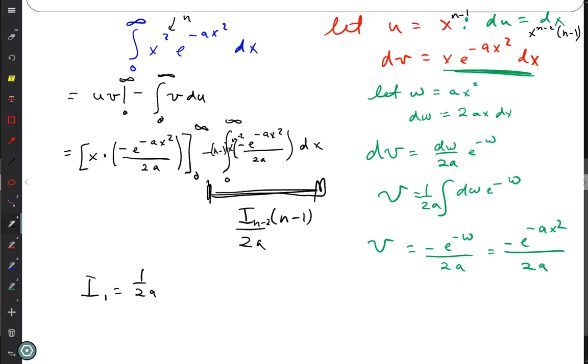And then I2 took a lot more work, because for that there's not an easy solution. And so their trick was to say, well, actually not I2, they did I0, didn't they? For the I0, you don't have any x times.